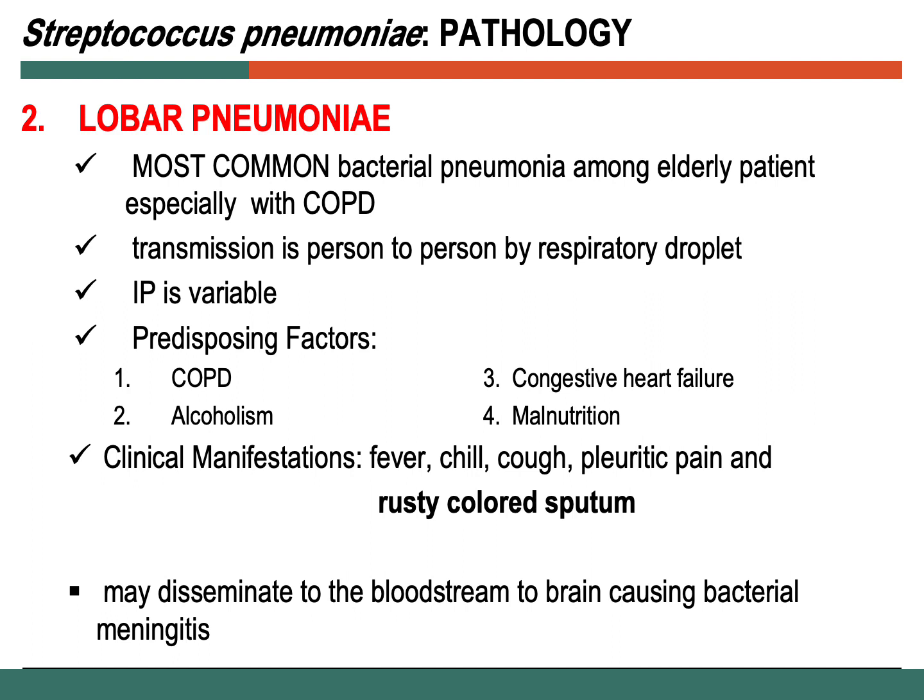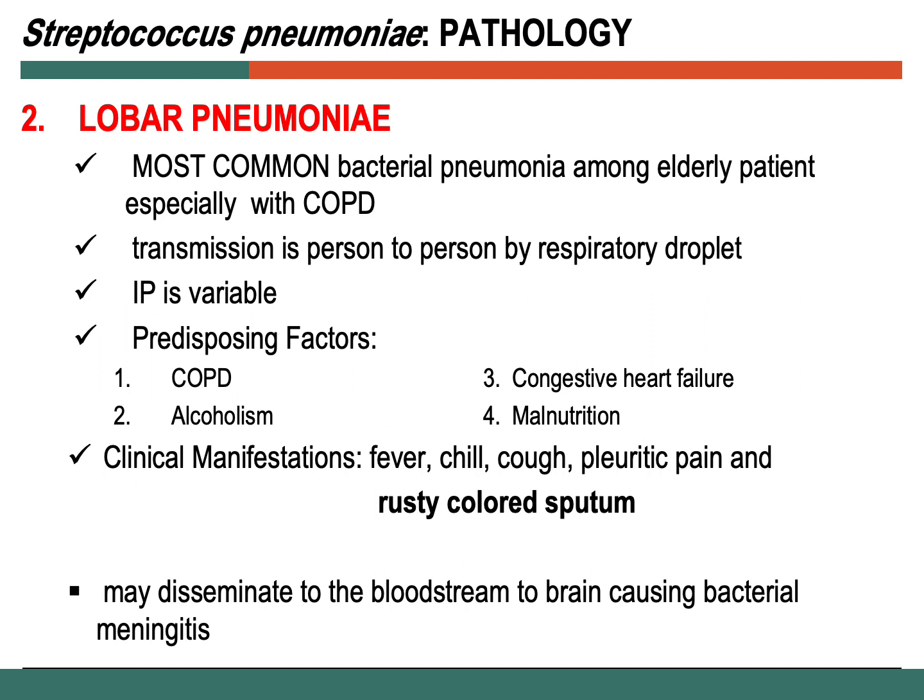For lobar pneumonia, this is the most common bacterial pneumonia among elderly patients, especially with COPD. COPD stands for chronic obstructive pulmonary disease. Lobar pneumonia is spread person to person by respiratory droplets.